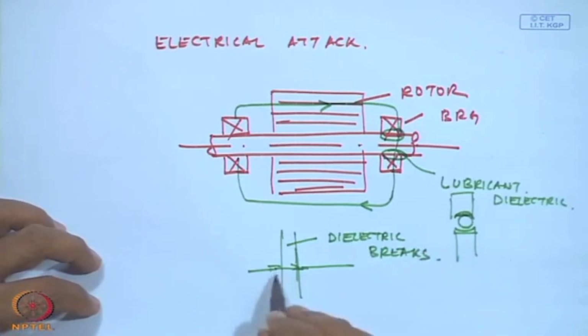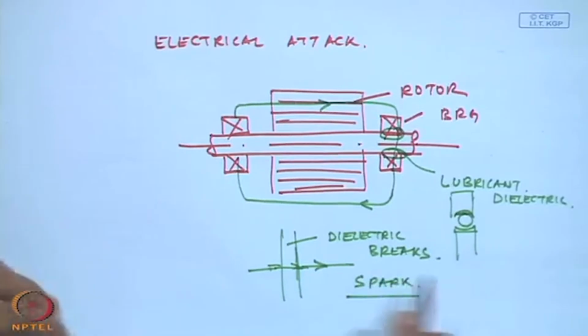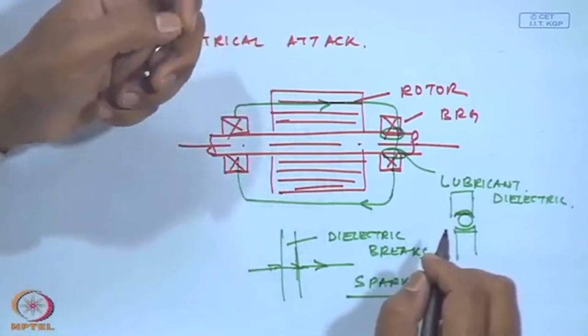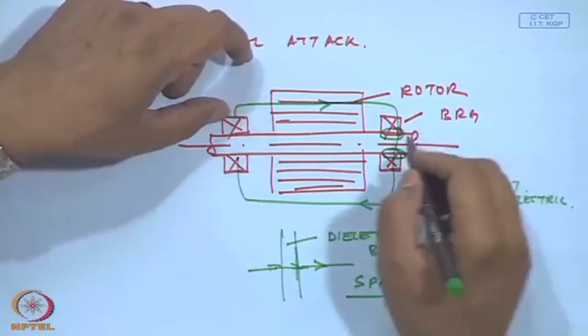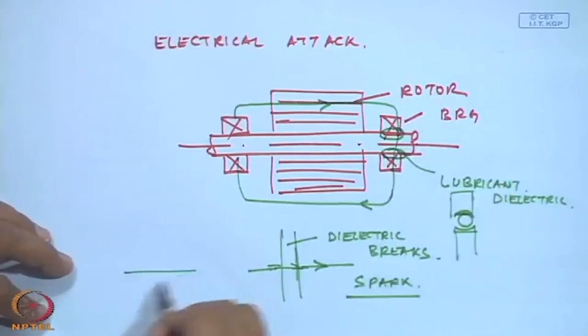So, this intermittent passing of this EMF will create a spark, because there is a potential. This sparking comes with high energy of heat, momentarily heat. So, this is going to produce a lot of pitting on the bearing surface.